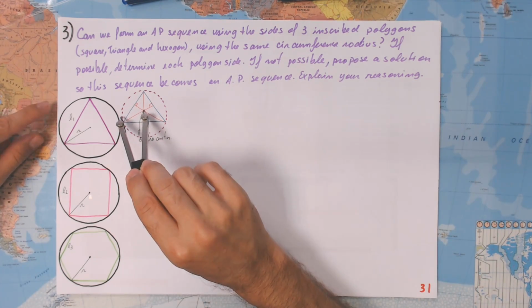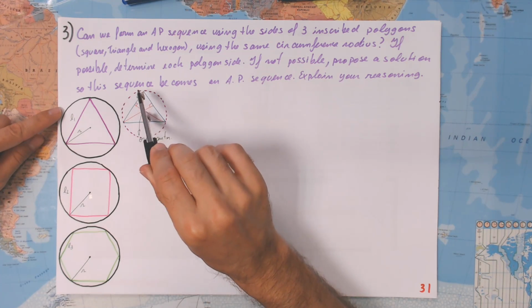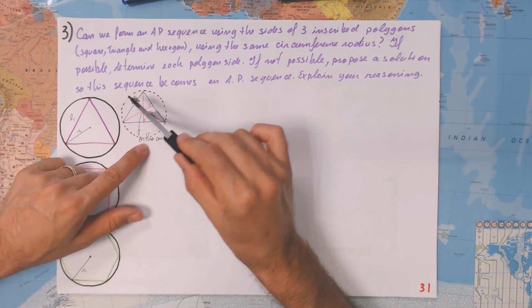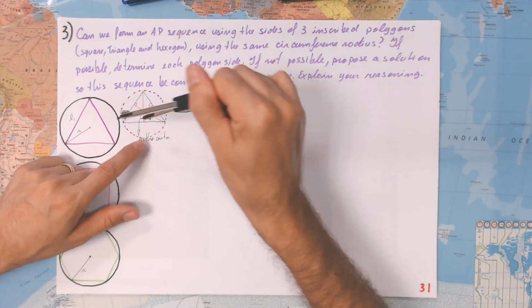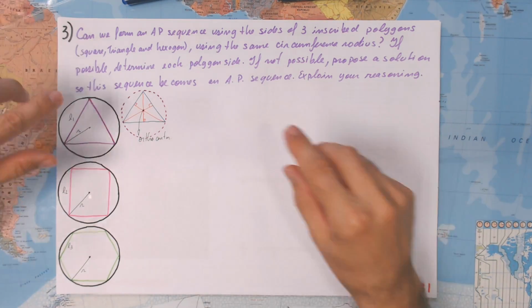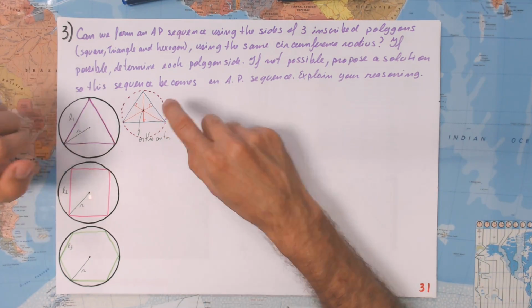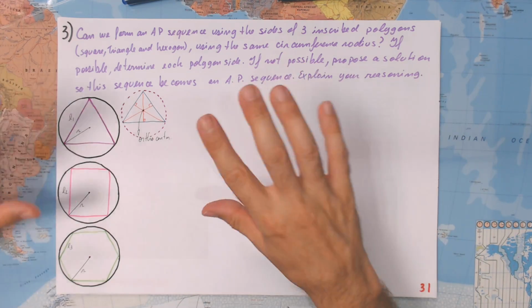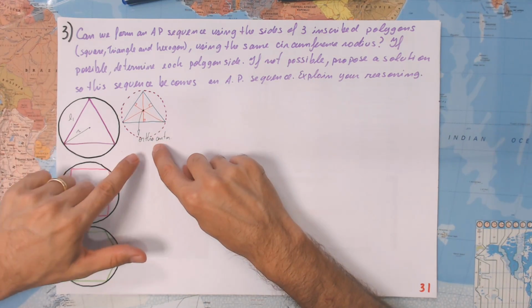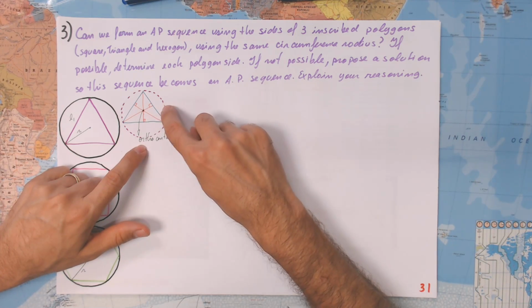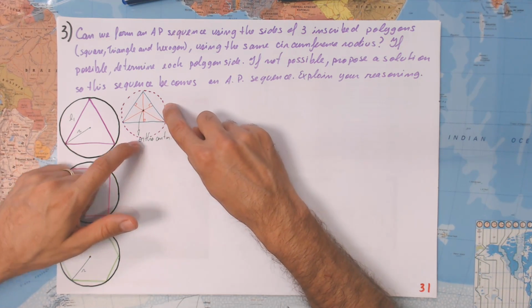If you just draw this circumference, the center is going to be the orthocenter, okay? And then that's how we circumscribe a circumference around an equilateral triangle. I just showed you that the orthocenter is going to be the center of the circumference that we are going to use.